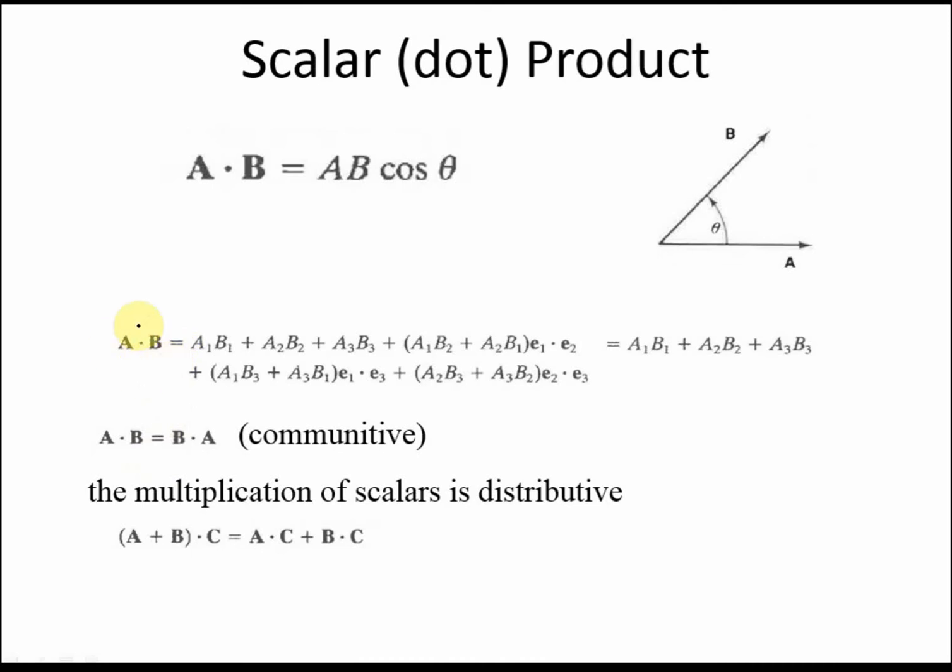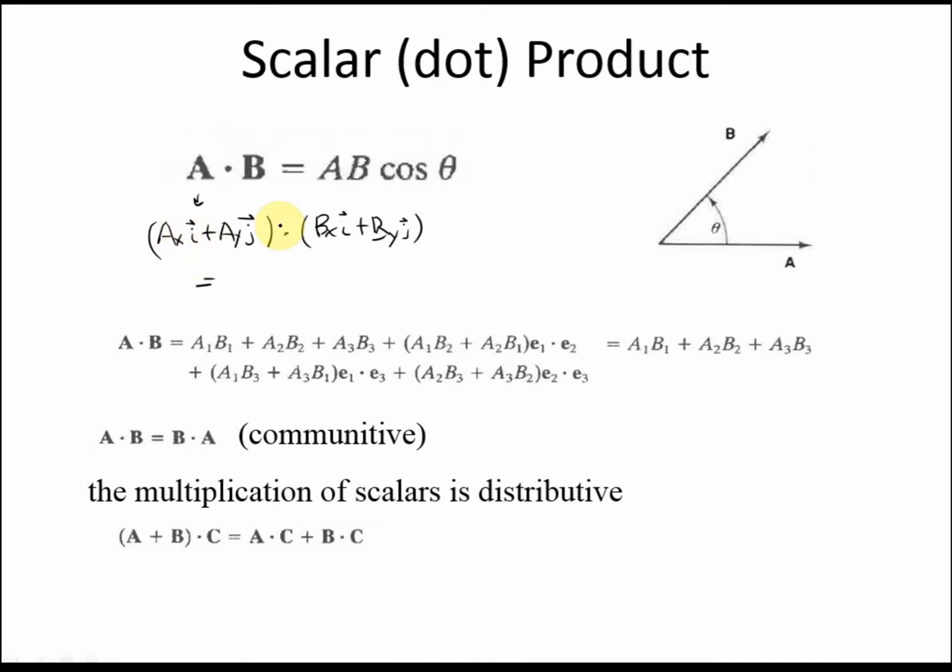And then if you compute the dot product using the components of your vectors, a has an x component i and y component j, dot bx i plus by j, then you use the distributive law.